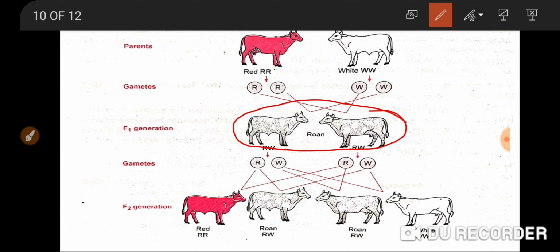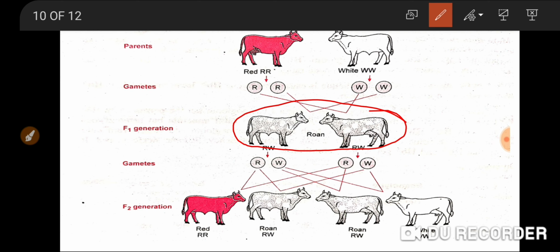So this is not the case of dominant recessive condition. When the capital R allele and the capital W allele are present together, they express themselves simultaneously. That is why the roan colored cattle are formed.